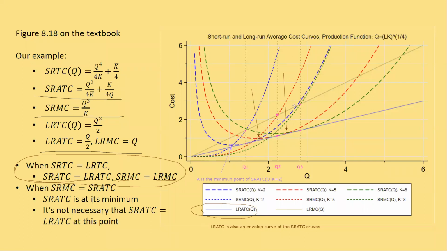This is the minimum point of our short run ATC when k equals 2. And this is the point at which our short run MC intersects it.